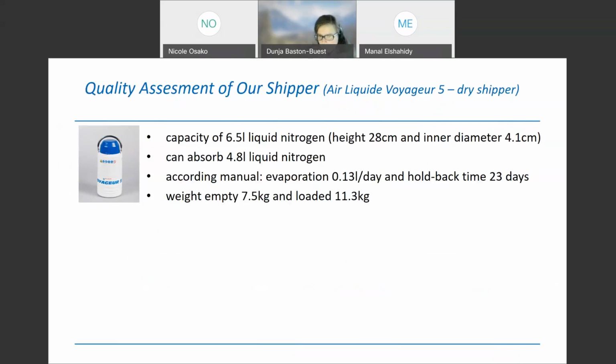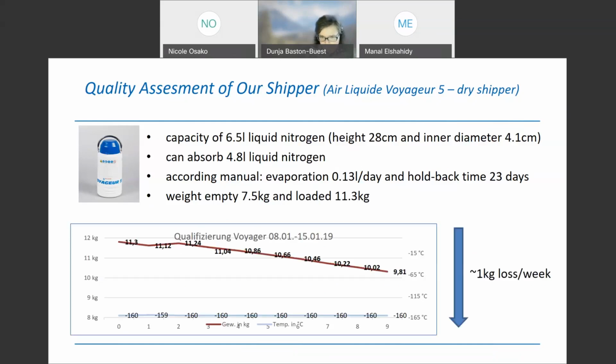And we have an empty weight of 7.5 kilograms and fully loaded of about 11.3 kilograms. But first of all, when we bought this shipper, we tested it. And it's really important to test the shipper just to be sure about the qualification and the quality of the shipper, and to have data about this for your data assessment.